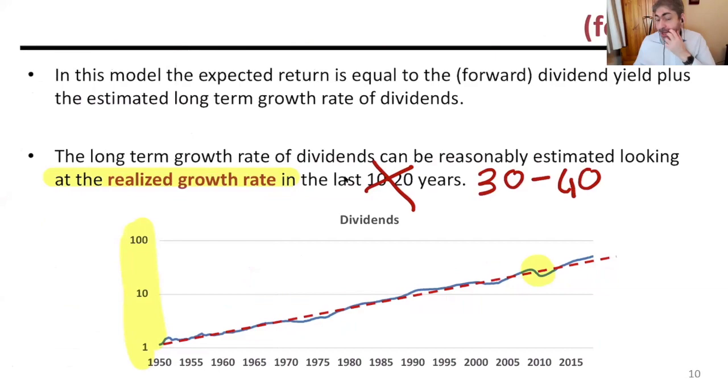Now, we spoke a lot about inflation, and you may remember that AQR forecast real returns, not nominal returns. So they tend to forecast returns without inflation, okay? And that's exactly what we're going to do here.